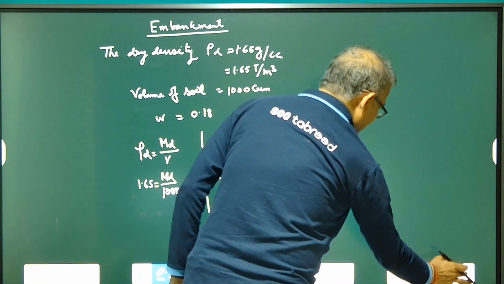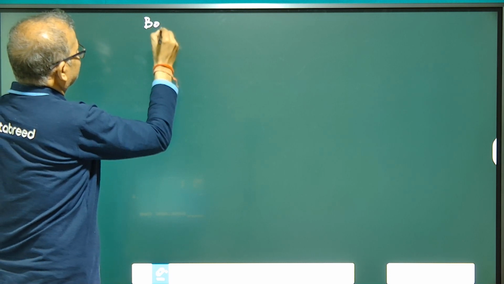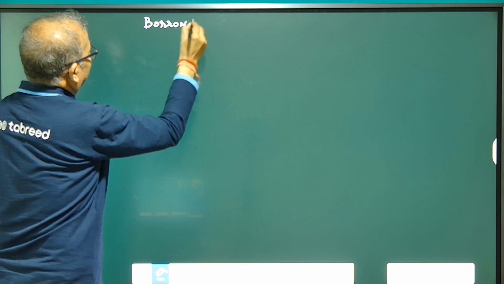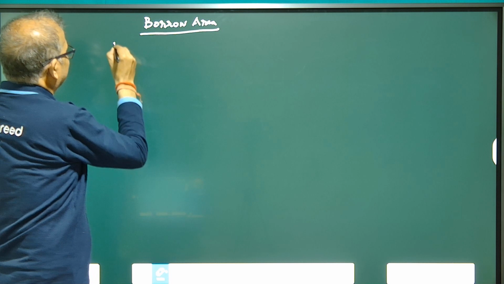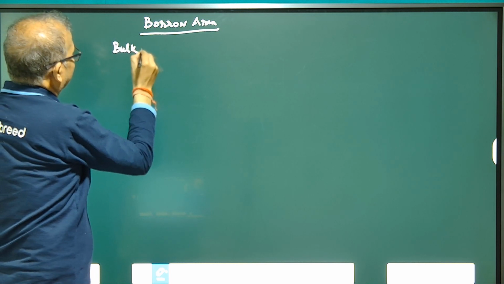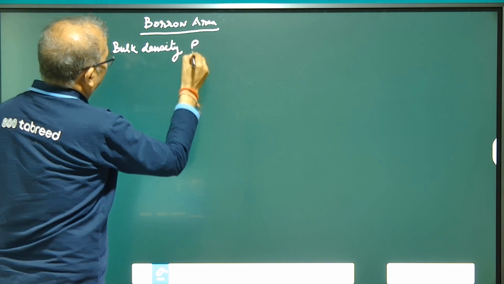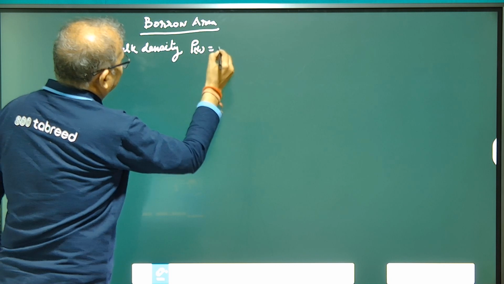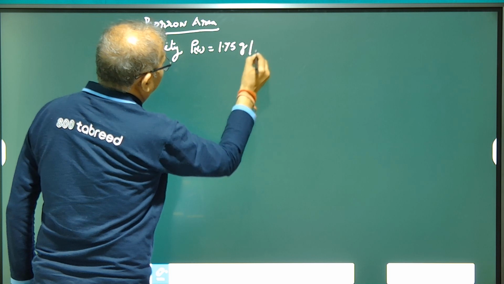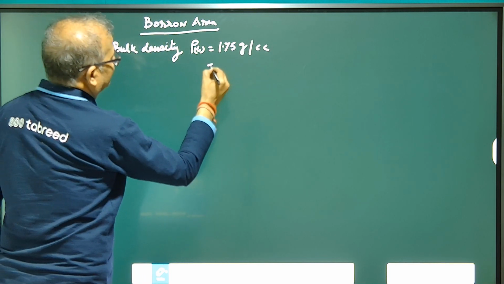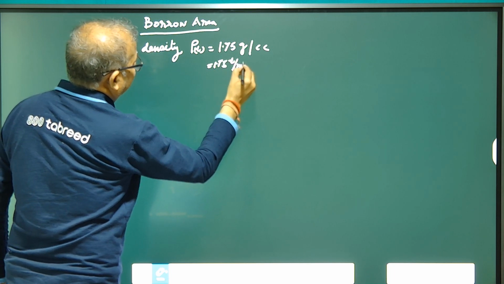Now, the borrow area. Bulk density of borrow area soil, rho suffix t, is 1.75 gram per cc, which after conversion is 1.75 ton per meter cube.